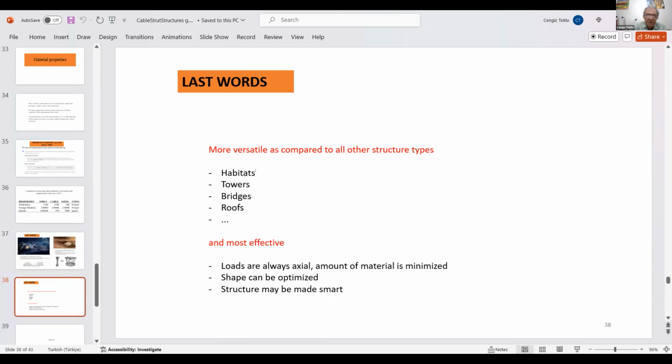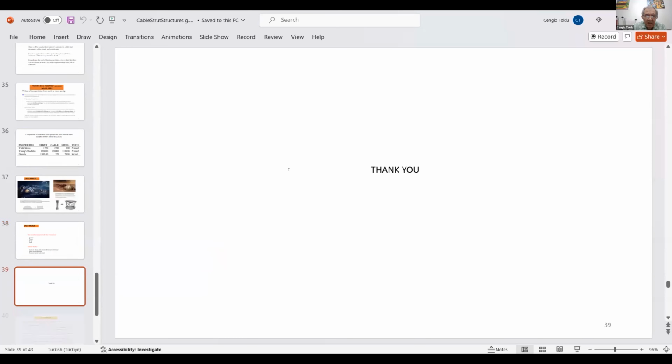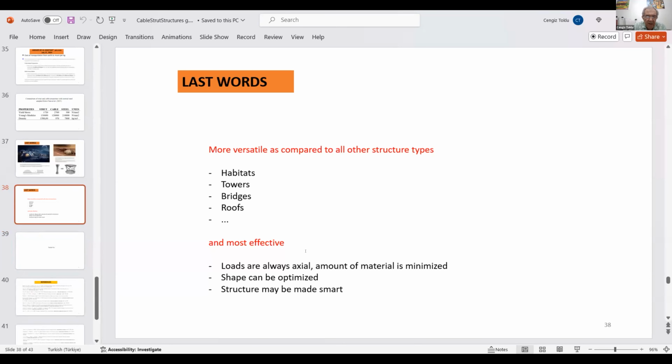They can be used for making habitats, towers, bridges, roofs, for example, or small craters, etc. So they are much more versatile as compared to others, and most effective, as I have said a few times, because everything can be optimized in these structures.